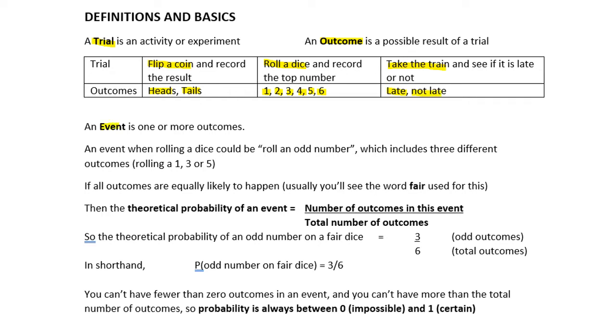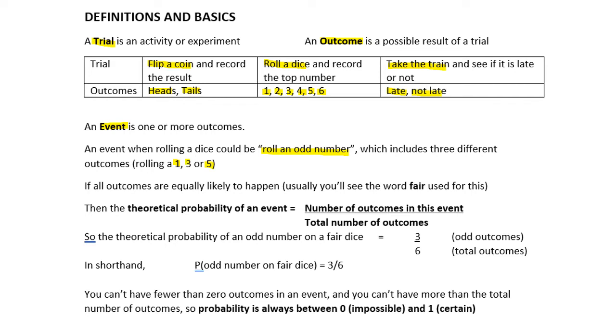Then you have event. Event is a combination of outcomes taken together. So for example, if you roll a dice, an event is roll an odd number, which consists of 3 different outcomes, a 1, a 3, and a 5.